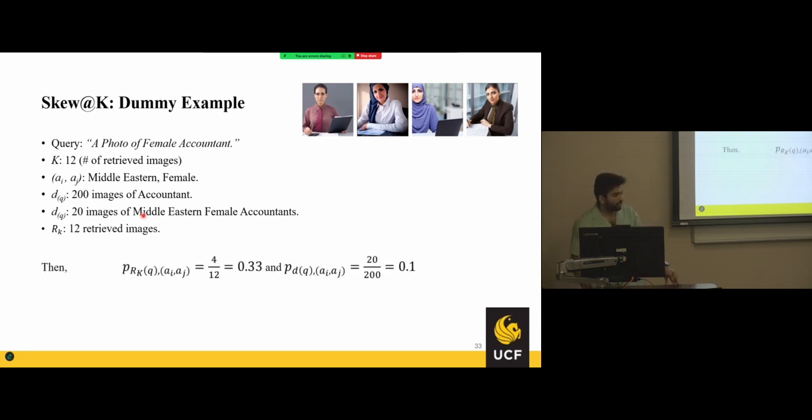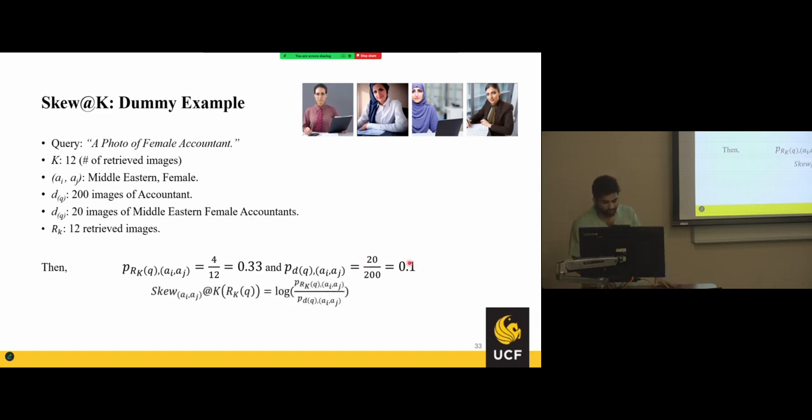Then if we go on to calculate our numerator and denominator, we can see that within the 12 retrieved images, assuming that we have 4 Middle Eastern female accountants, we can calculate that 33% of the retrieved images are for this particular attribute pair. However, ideally, within our entire data set, since we only had 20 Middle Eastern female accountants among 200 female accountants, the percentage would be 10%.